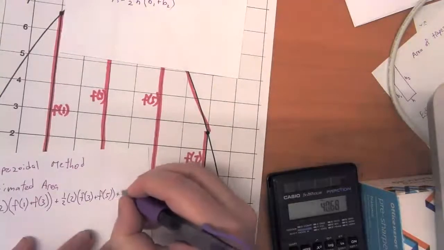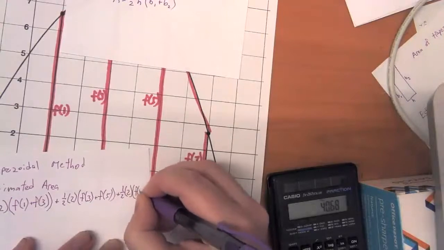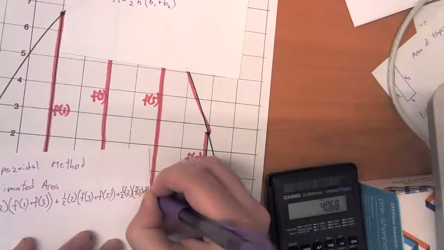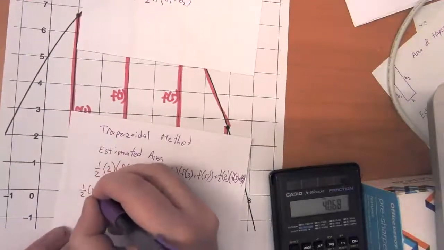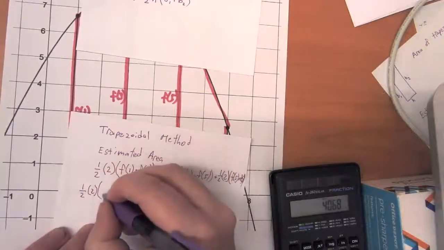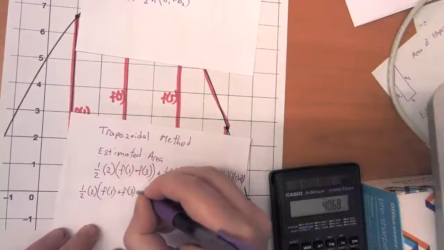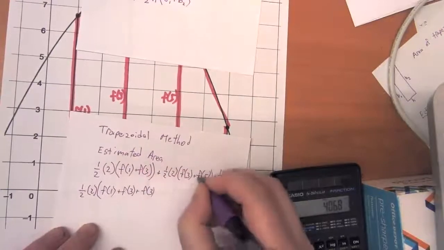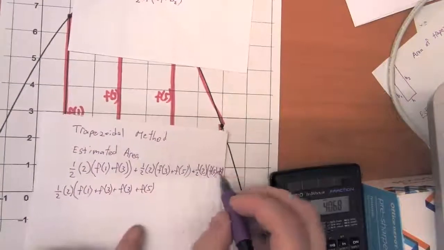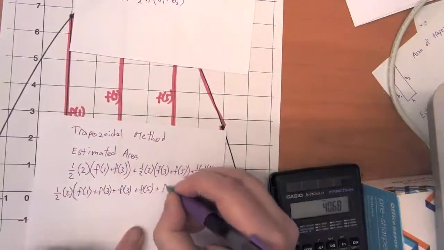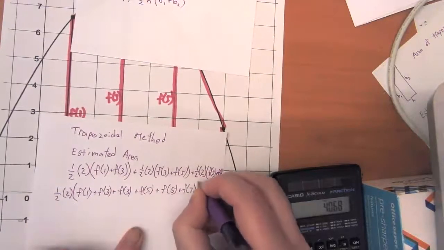And the area of the third trapezoid is 1/2 times 2 times f of 5 plus f of 7. And pulling out that common factor of 1/2 times 2, what we've got is f of 1 plus f of 3 plus f of 3 plus f of 5. That's the contribution from the second trapezoid. And from the third trapezoid, we have f of 5 plus f of 7.